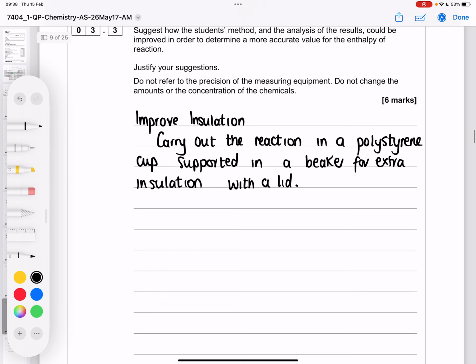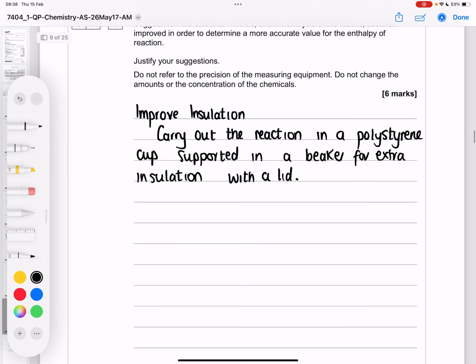And then perhaps think about how you analysed your results. Did you just do a final and an initial reading? Or can you remember that in this experiment it was highly likely that your graph ended up looking something like this? And then you found a temperature rise by doing an extrapolation. So maybe you need to take some more temperature readings.